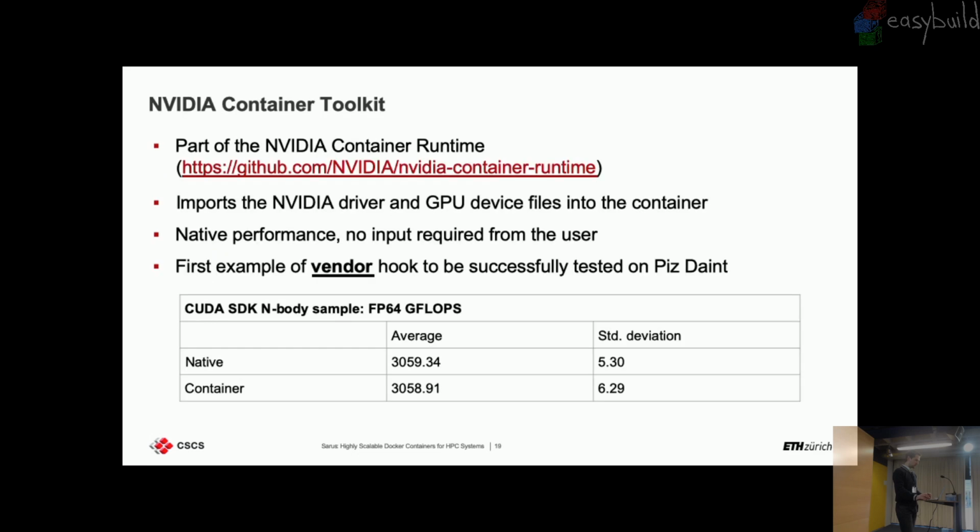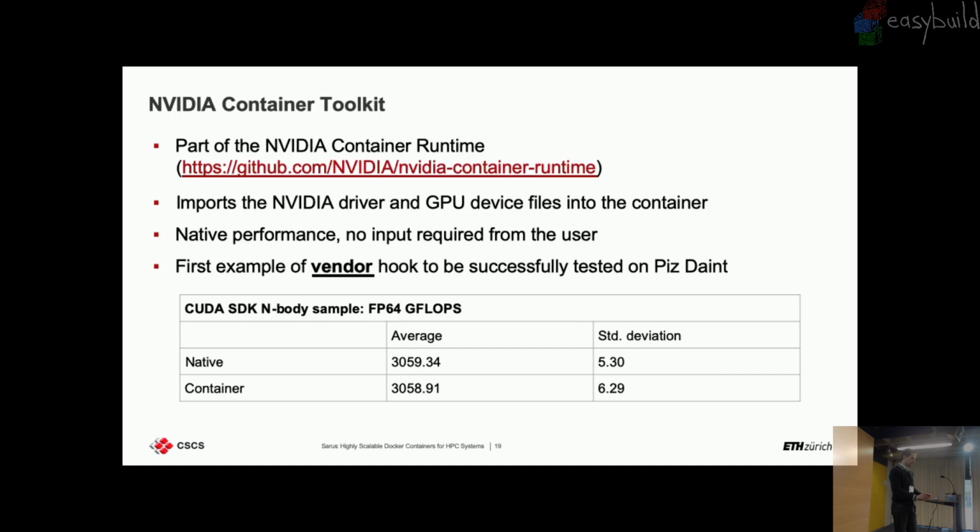So the NVIDIA Container Toolkit, as I already mentioned, is part of the NVIDIA Container Runtime that you can find on GitHub. It imports the NVIDIA driver and the GPU device files into the container. So when you build a container, of course, you have just other files and library files, and then you need the runtime NVIDIA files for the container customization.